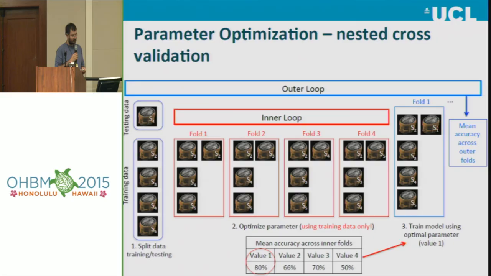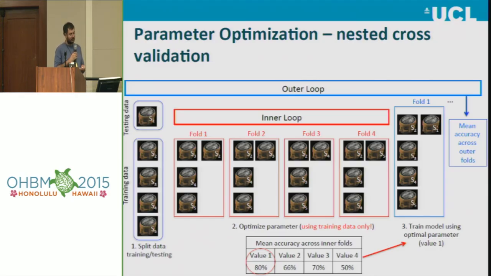If we start off with the outer loop, on the left of the slide where it says split data, training and testing, you've split your data so that you want to test on subject number 1, and you're using the rest of the subjects for training.